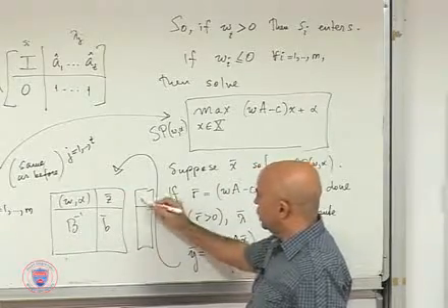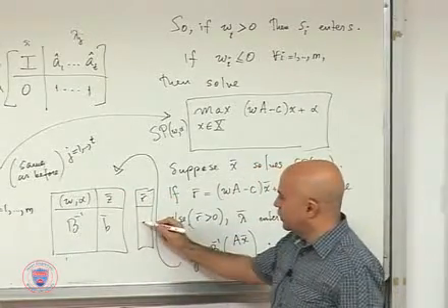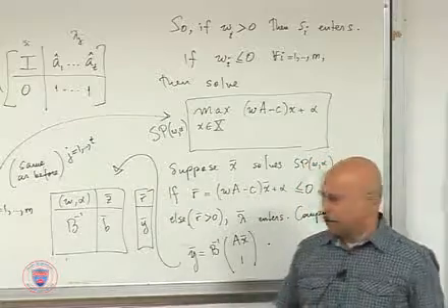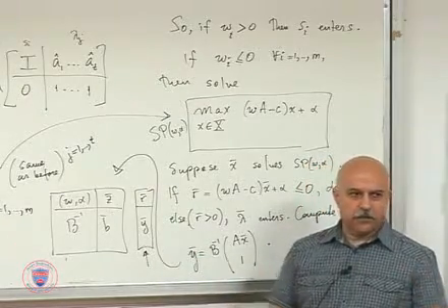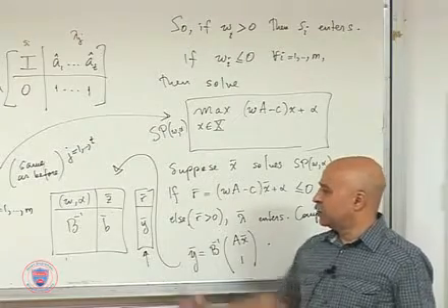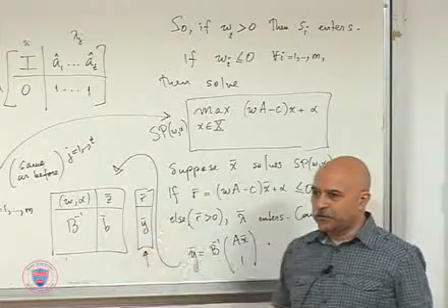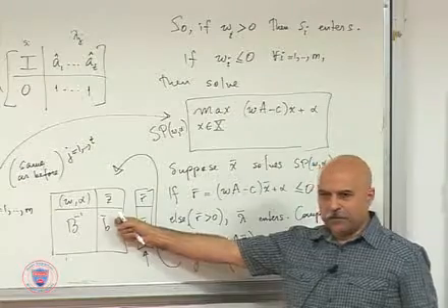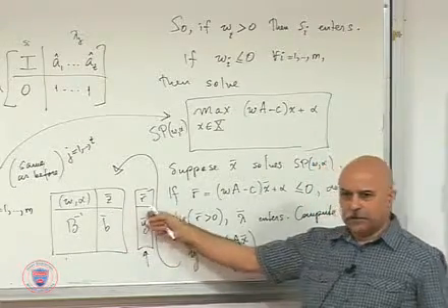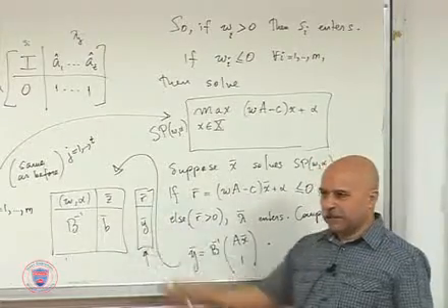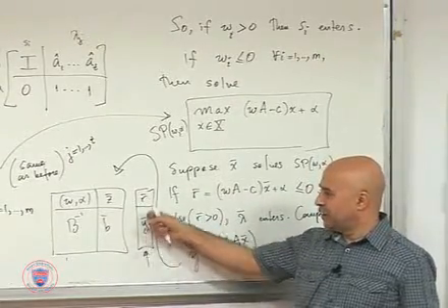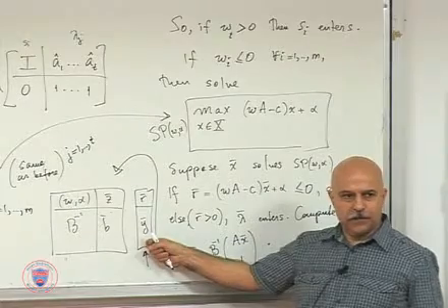You put this column with reduced cost at the top, y bar here. This is the entering column. We just generated it. And then you look at the usual ratios, the elements of B bar divided by the corresponding elements of y bar, assuming that this has at least one positive entry.